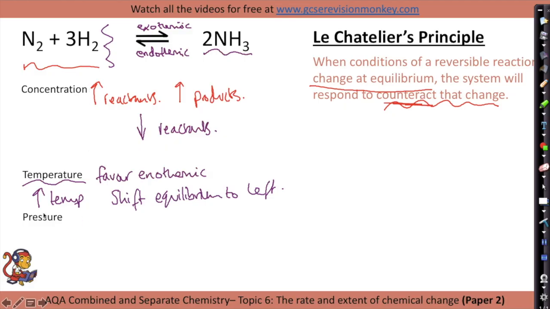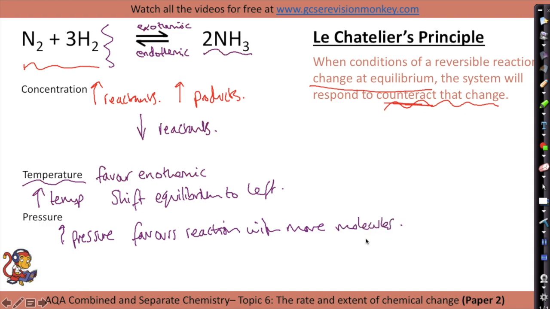In a gaseous reaction, we can also change the pressure, and if we increase the pressure, that favours the reaction with more molecules. Or more moles, you might see it in the exam. So in this reaction we've got 1 mole of nitrogen reacting with 3 moles of hydrogen to produce 2 moles of ammonia.